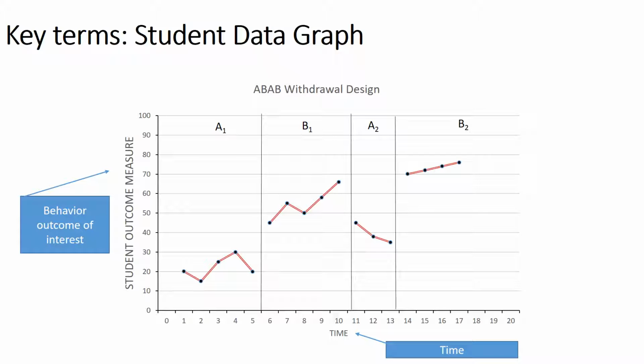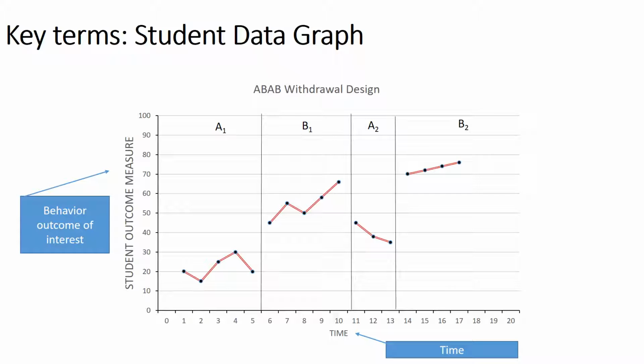First, student outcome data, or the behavior outcome of interest, are converted to frequency, rate, percentage, number of intervals, or length of time, such as seconds, minutes, and hours, and is represented on the y-axis. And the unit of time, such as date, session numbers, or probe numbers, are represented on the x-axis.